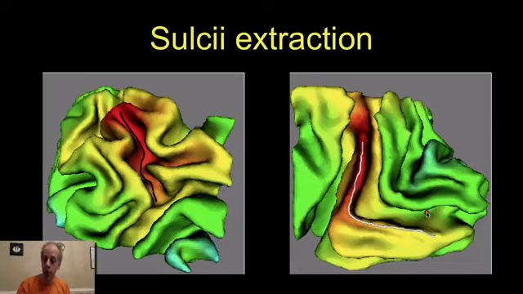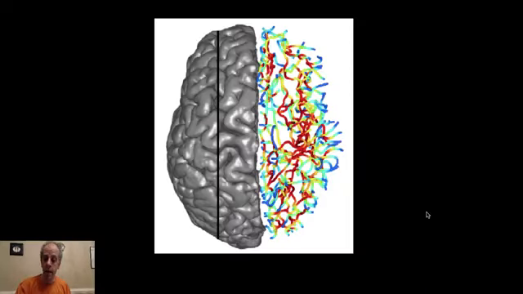Once you compute this, you can create very interesting networks of these sulci, which again is very important information for many neuroscience applications. Some of them related to particular problems, but some of them related to basic research.